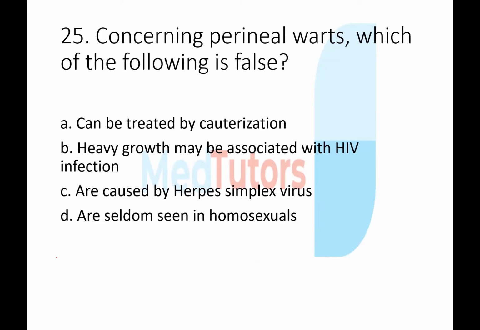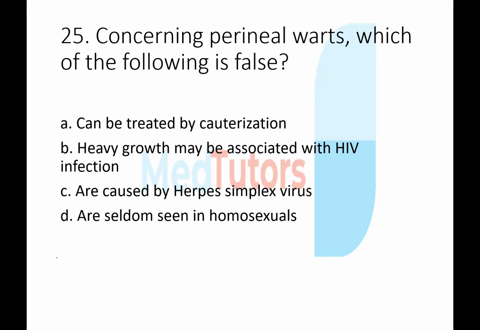Concerning perineal warts, which of the following is false? A, can be treated by cauterization. B, heavy growth may be associated with HIV infection. Now you should know about perineal warts.